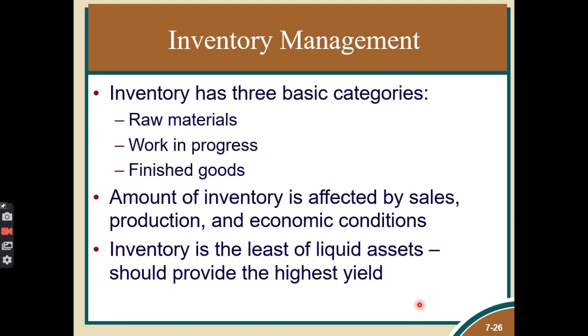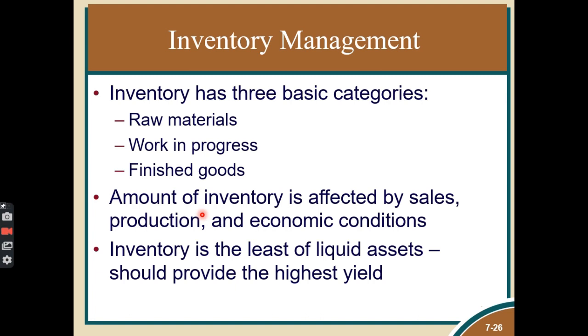Okay? So, as part of our inventory management, we must first understand that the amount of inventory that we have is affected by the sales, the production, and the economic condition. So, meaning, let's say, for example, we have 100 units of inventory, if it is highly in demand, then you can actually sell all of your goods within one day.